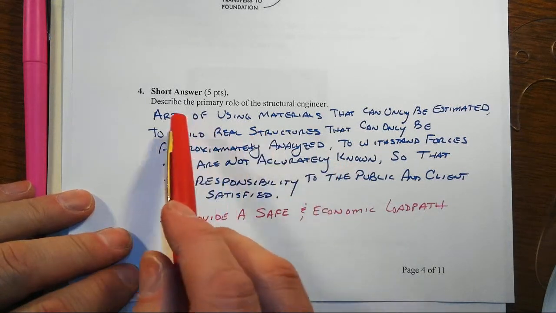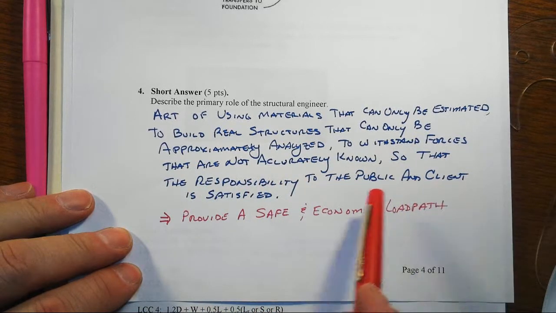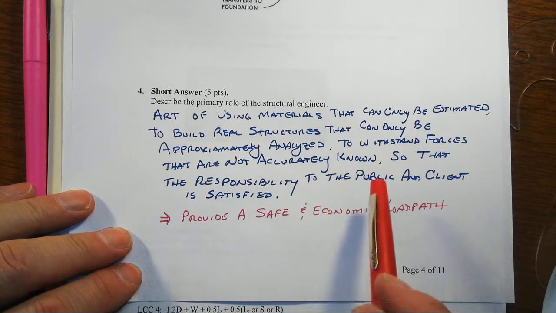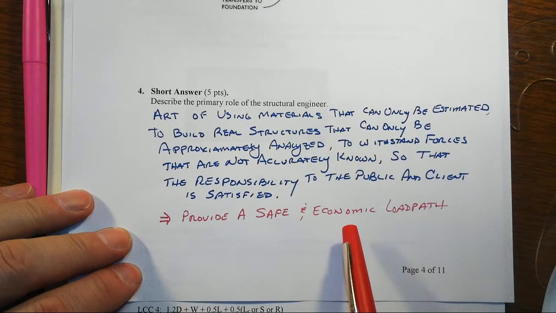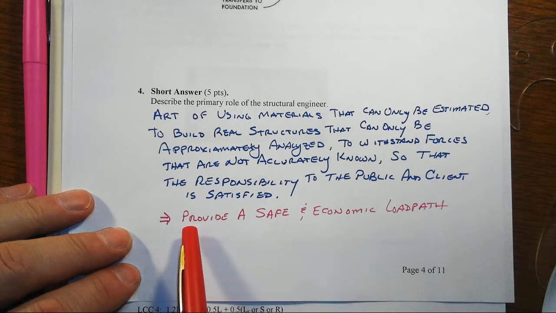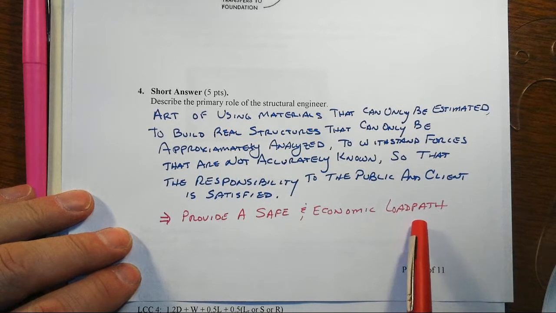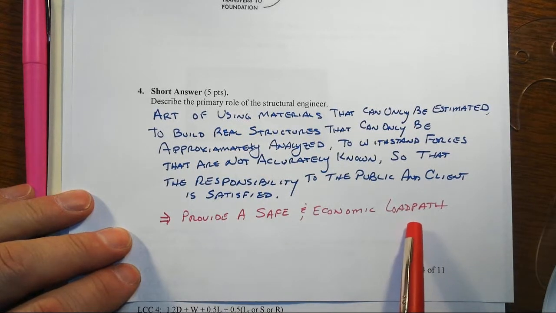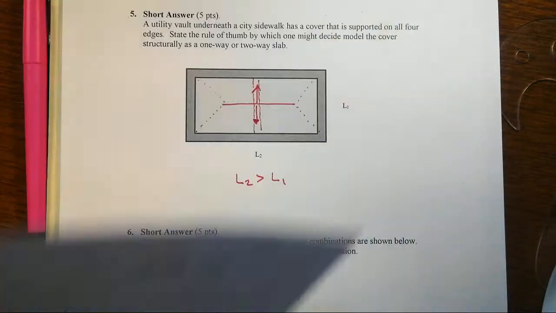So structural engineering is the art of doing all that, so that the responsibility to the public and the client is satisfied. To the public, that is the safety, but for the client it is not only safety but also economy in how we do things. Ultimately, as structural engineers, we're creating that safe load path. If we can do that, we have executed our primary responsibility.